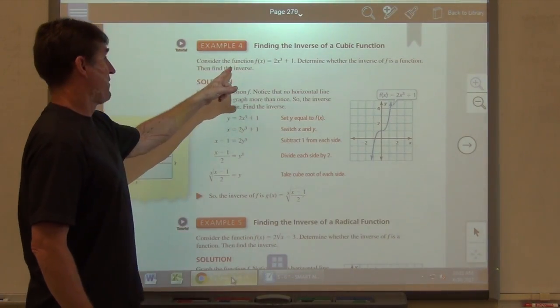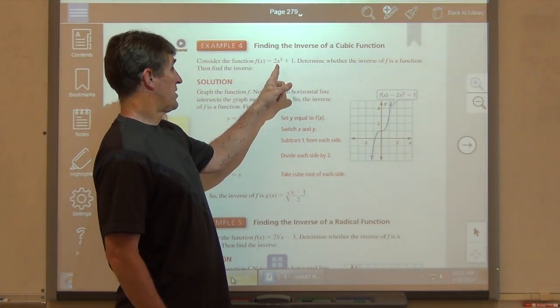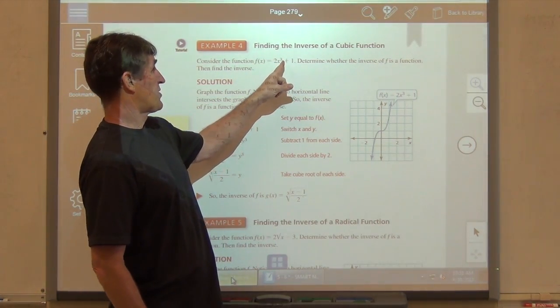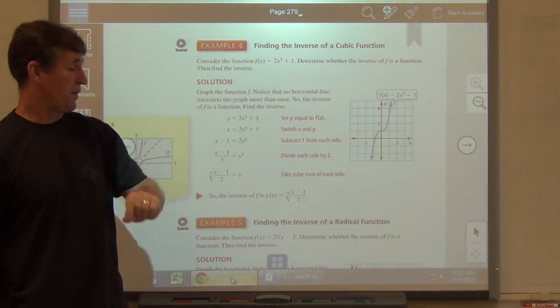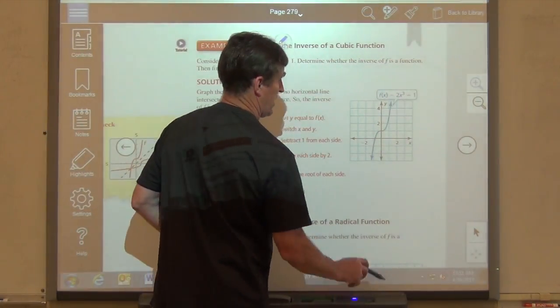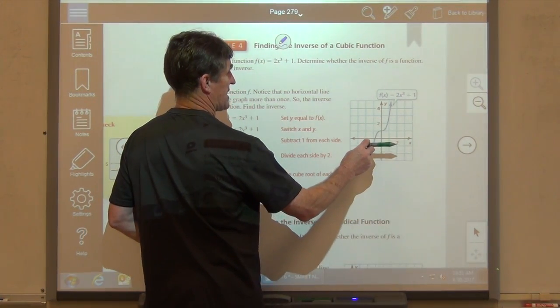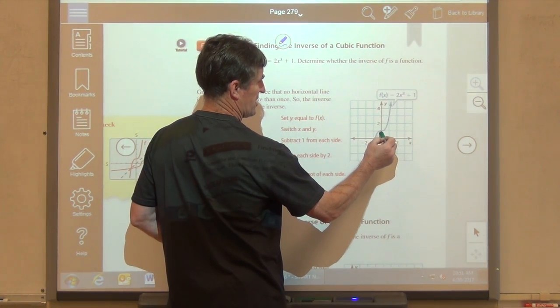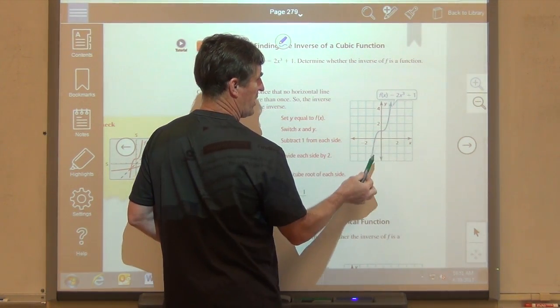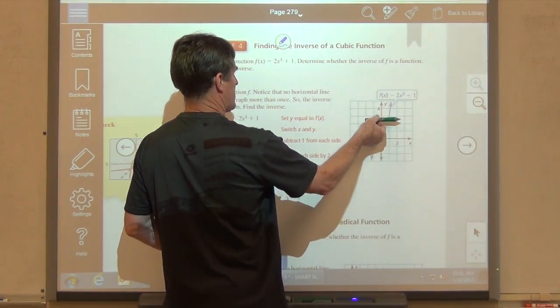It says, consider the function f of x is 2 to the x plus 3 plus 1. Determine whether the inverse of the function is a function. So that's where we do the horizontal line test. And if we do this, it does not cross. Now it's a little bit hard to tell, but again, it's not going down. It just flattens out really low here. But we're going to say this does not cross.